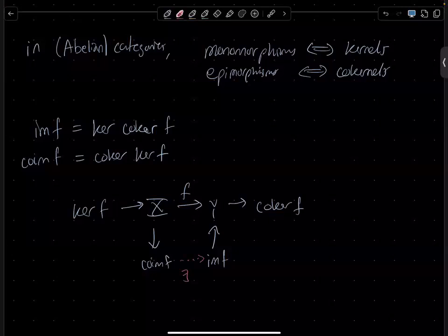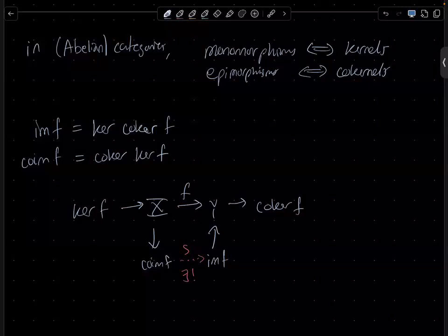I've drawn the arrow in one way, but fine. There exists a unique homomorphism S going from co-image to image. And this should still hold in an additive category if all of these things exist. But the punchline is that in an abelian category, this S is actually an isomorphism.